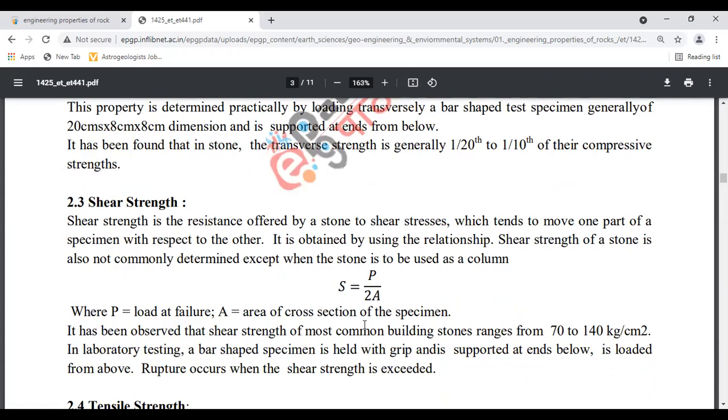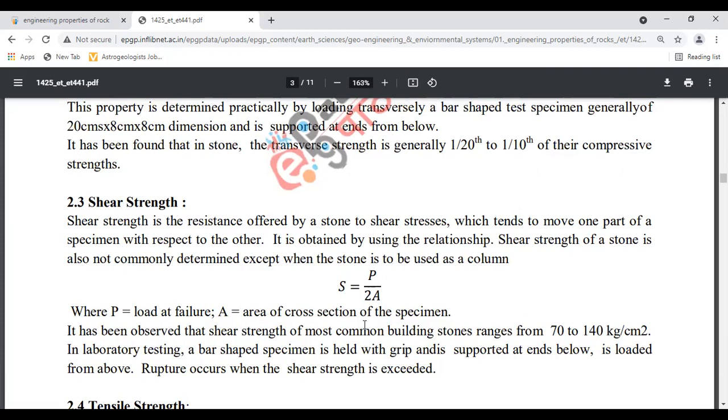one part of a specimen with respect to the other. It is obtained by using the following relationship. Shear strength of a stone is also not commonly determined except when the stone is to be used as a column. S is equal to P by 2A, where P is the load at failure and A is the area of cross section of the specimen.